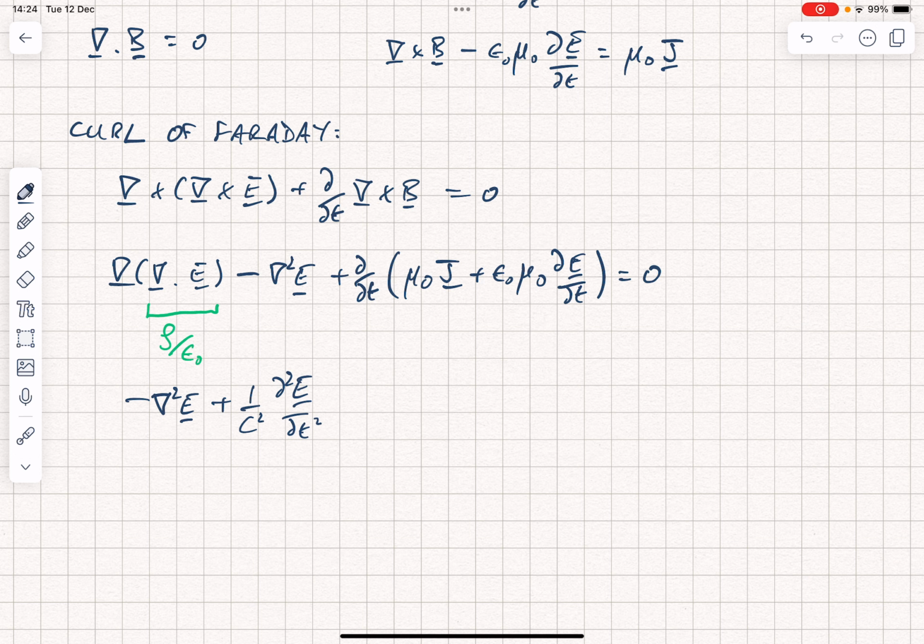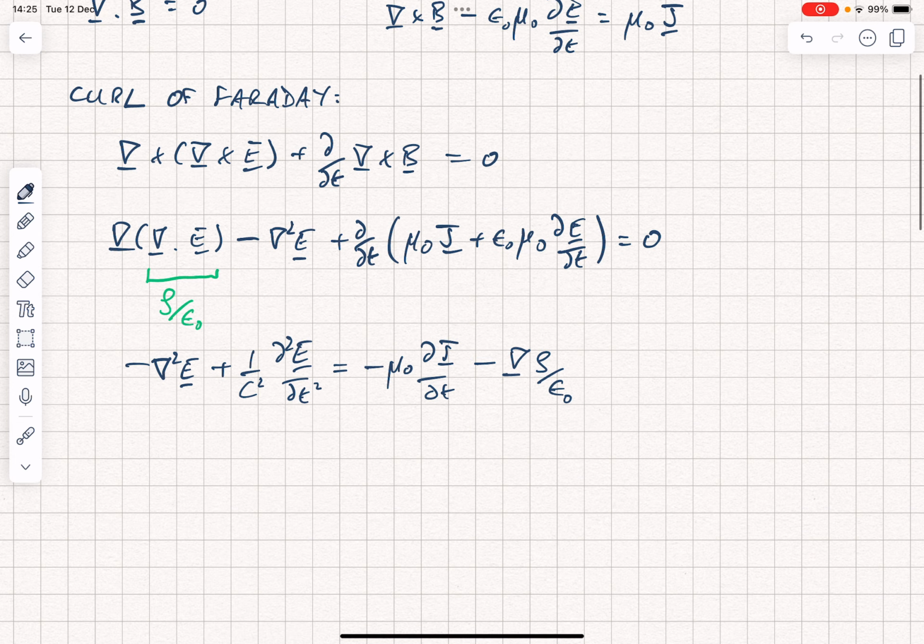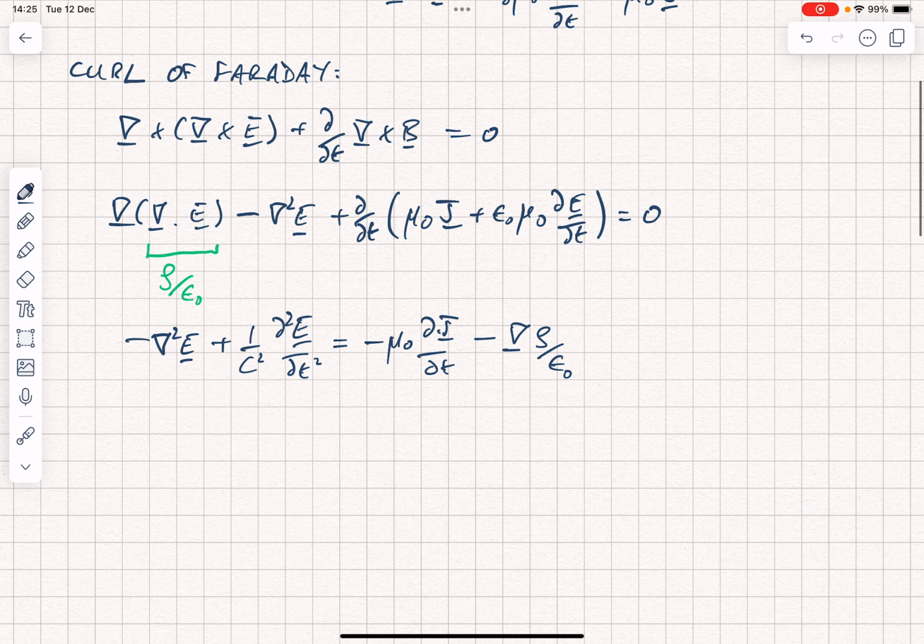And now we're going to shift the source terms to the other side, and that's going to equal minus mu naught dJ by dt minus the gradient of rho over epsilon naught. So we'll just multiply through by minus 1, and we're going to factor the epsilon naught into a bracket outside the right hand side.